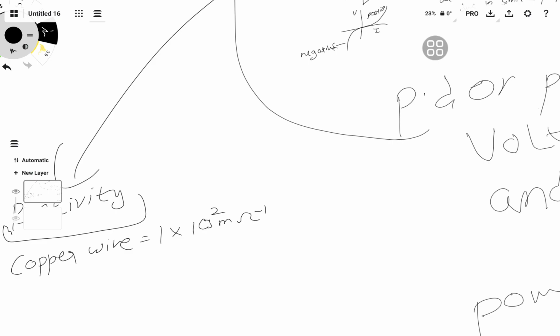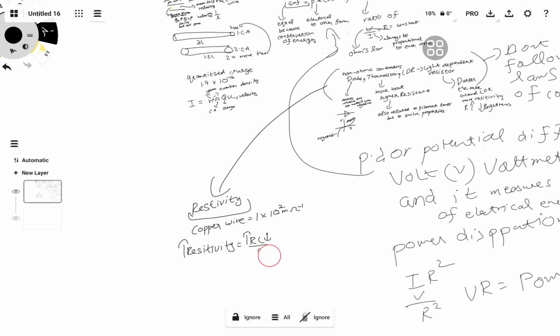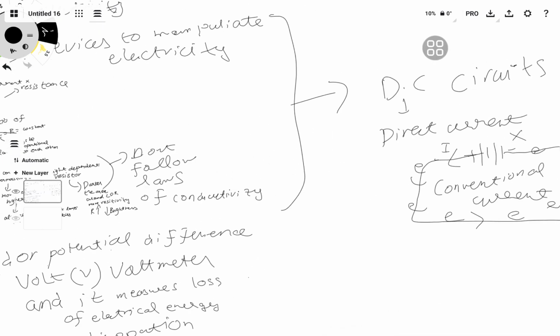Basically V over I gives R. So for copper wire, let's say this is resistivity, resistance R equals rho L over A. Resistance will increase with length; this is directly proportional. And area is inversely proportional. So we have done this till now.